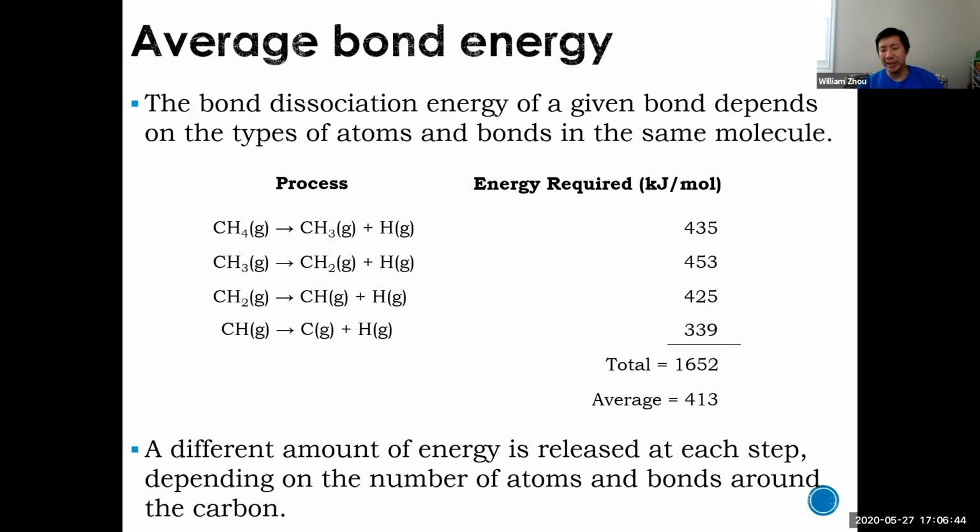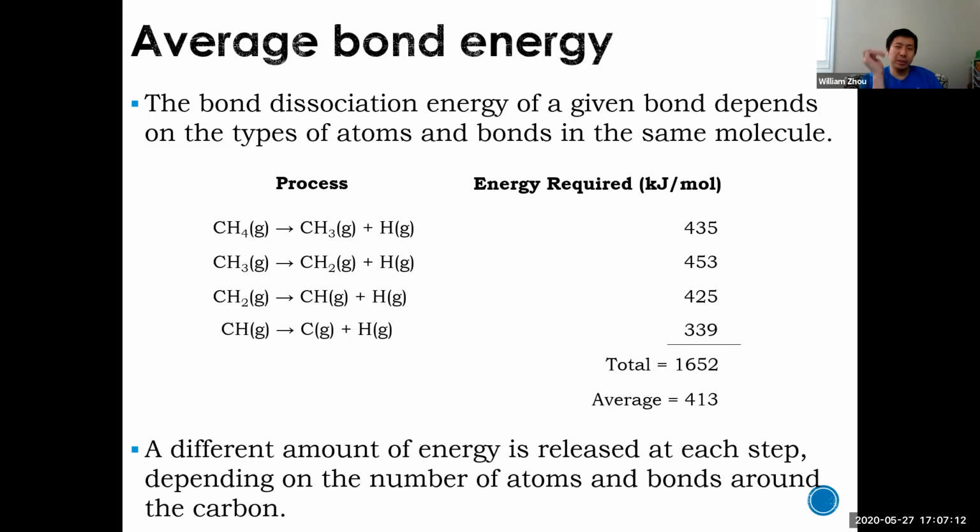If you want to remove a second hydrogen after having removed the first one, so you have CH3, and you want to take away a hydrogen to make CH2, well, you are going to need 453 kilojoules per mole. So it's a little bit different. And then if you want to remove a third hydrogen, that is again different, 425. And then if you want to remove the last hydrogen to make just carbon, you have 339 kilojoules per mole.